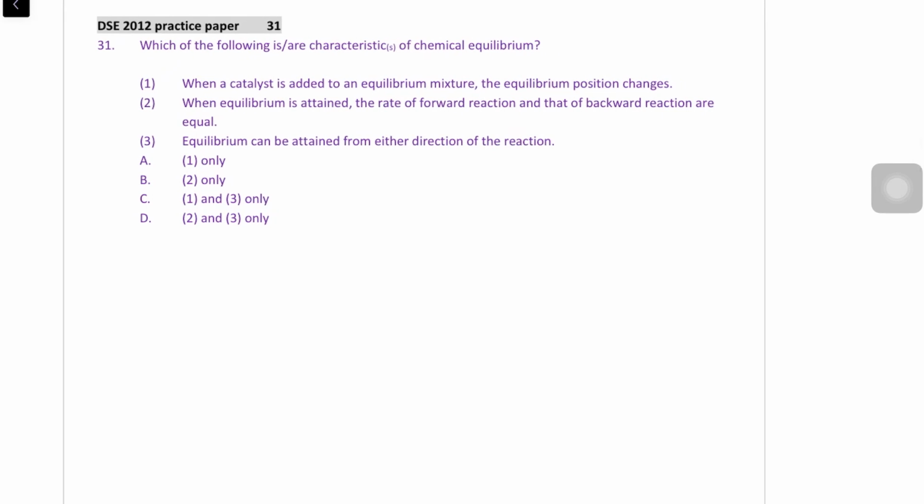Next, the characteristics for chemical equilibrium. If a catalyst is added, will the equilibrium position change? No, because a catalyst does not change any concentration of reactants and products. So a catalyst only shortens the time but does not change the equilibrium position.